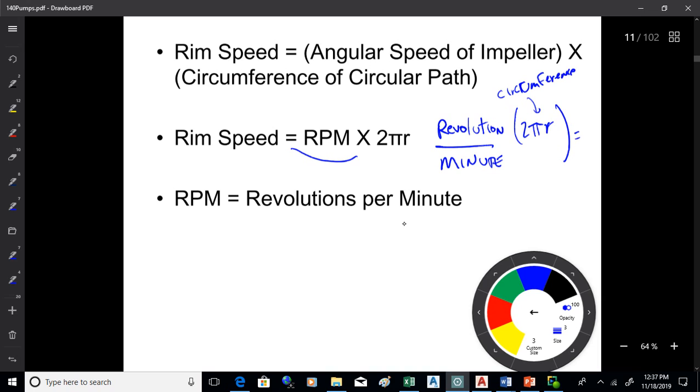What you get is the rim speed. So that's the basic way you can figure out what the rim speed is of the pump. The rim speed then creates velocity head, and that's what gives the water energy.